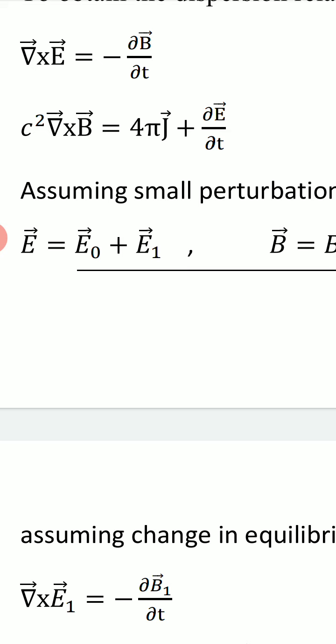So for mu 0 epsilon 0, we write 1 upon c square.